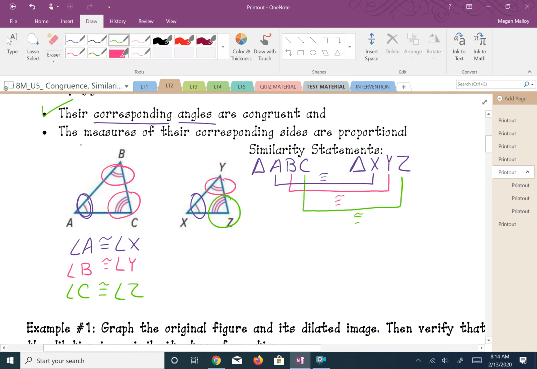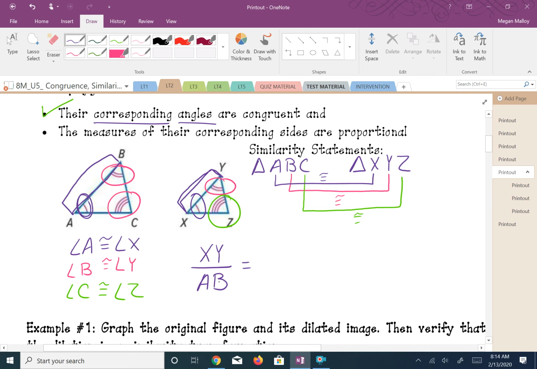The second criteria that must be met is the measures of their corresponding sides are proportional. So to find out if they are proportional, we're going to be using our scale factor ratio of dilated over original. So if I am looking here, that means that side AB right here, I take that back, XY, since we're starting with our dilated, XY needs to be proportional to AB.